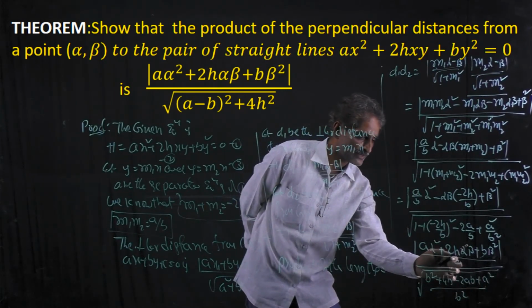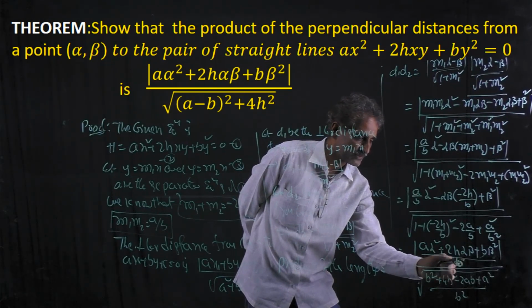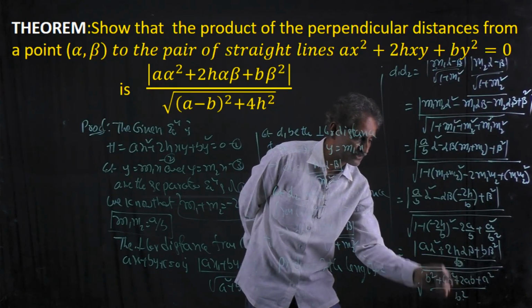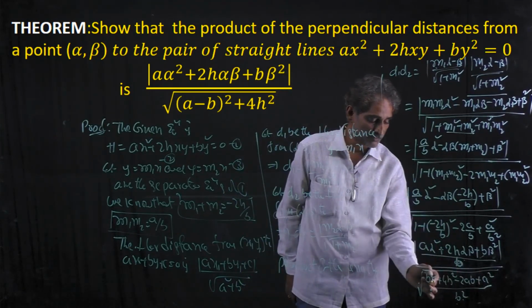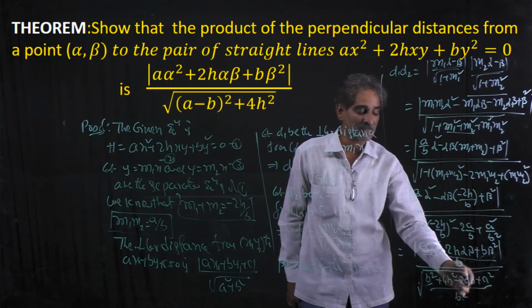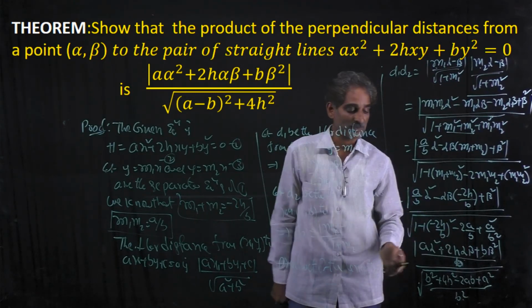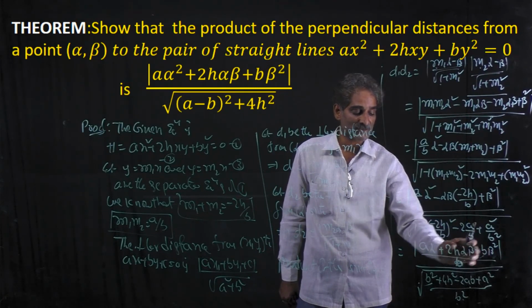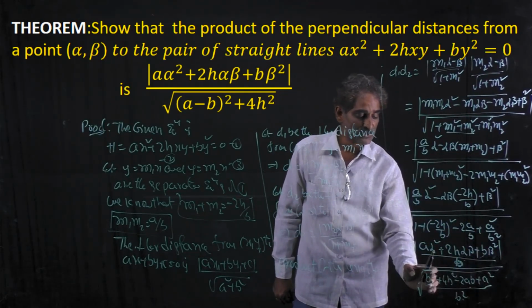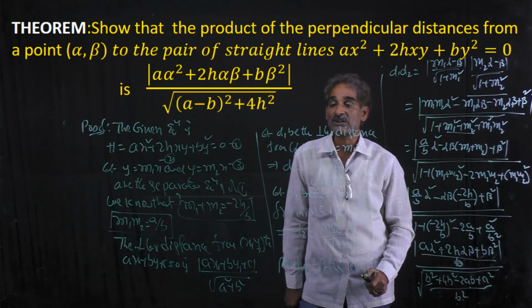Here the denominator is b. This b gets cancelled: the root of b² and b get cancelled. The remaining is the answer. Here we can write a² + b² − 2ab, nothing but (a − b)². That is the required one: |aα² + 2hαβ + bβ²| / √((a − b)² + 4h²). That is the answer.